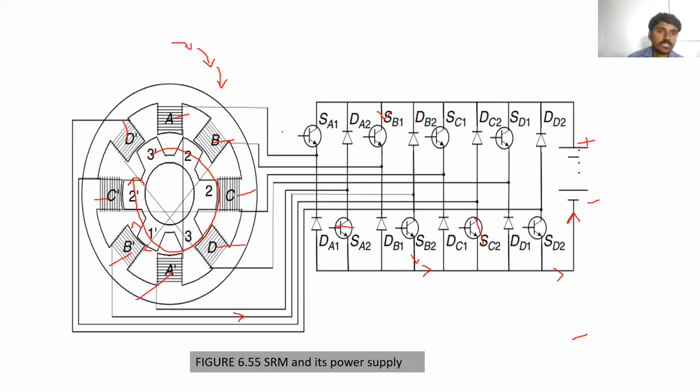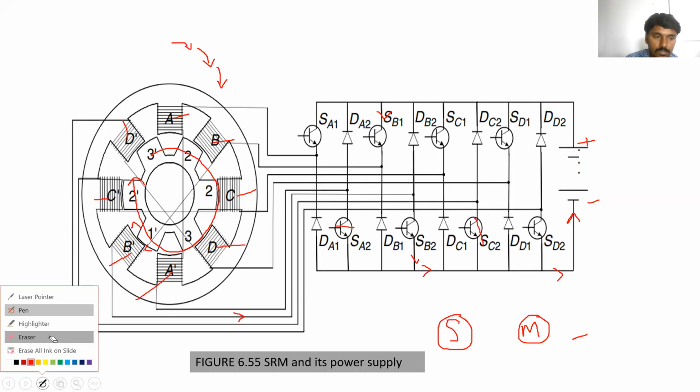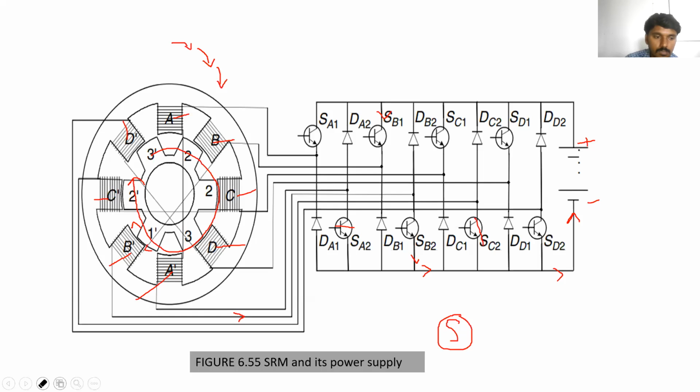So why are we calling it a switched reluctance motor drive? Because the switched reluctance motor is operated through the inverter, and a drive is nothing but a source, power electronic converter, and then motor.